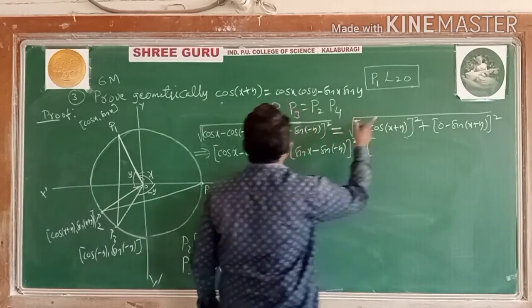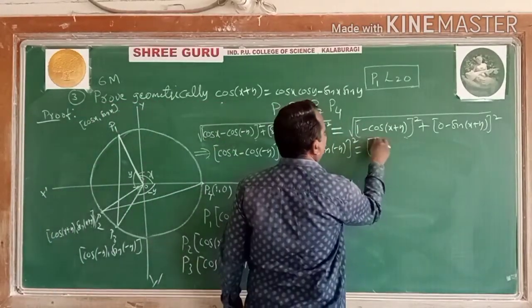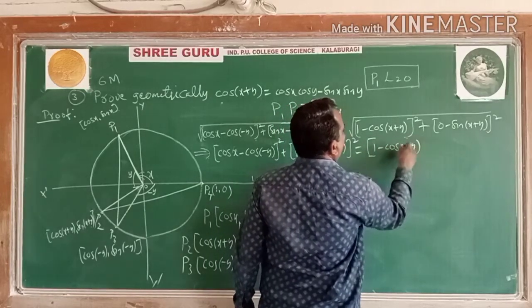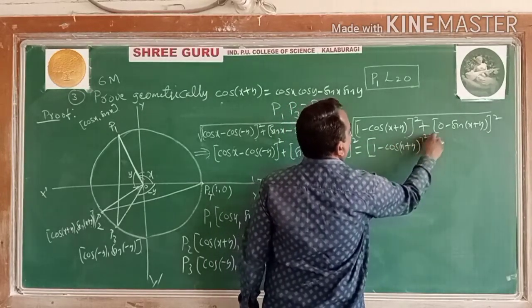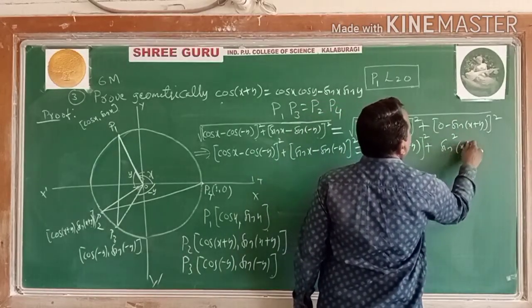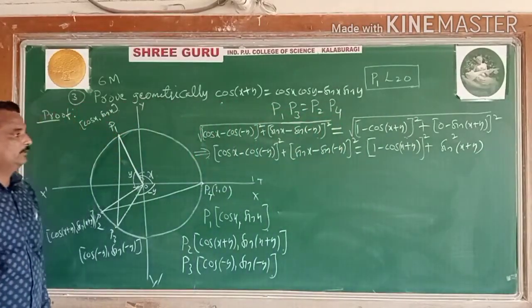Squaring on both the sides, both the square roots get cancelled here. I am not writing it because of the space. And this is minus sine, only one term, sin square of x plus y.